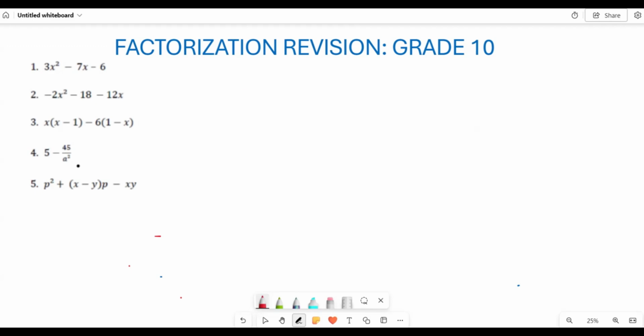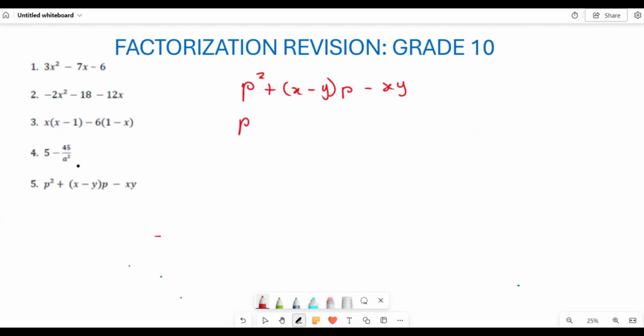Now look, here you have p squared plus, into bracket, x subtract y, then p, and then subtract xy. Now this is where you are going to do factorization by grouping. The first thing I can do here is start by distributing the p, starting with my brackets.